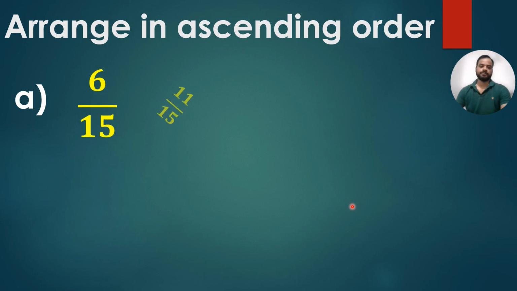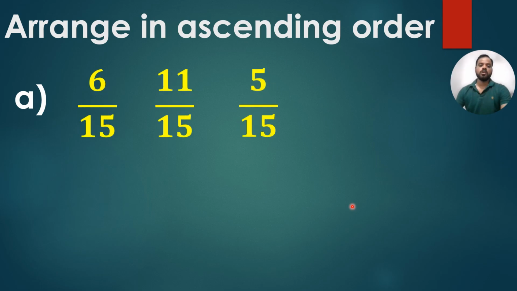Now we will understand through an example how to arrange like fractions in ascending order. So we have to arrange 6 by 15, 11 by 15 and 5 by 15 in the ascending order. Here the denominators for these fractions are same because these are like fractions: 15, 15, 15. We only have to check the numerator.